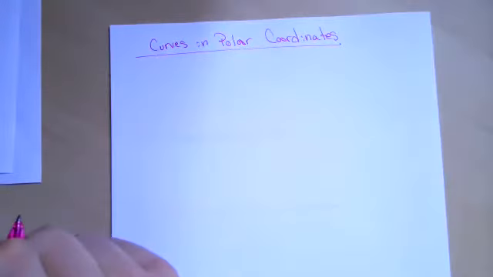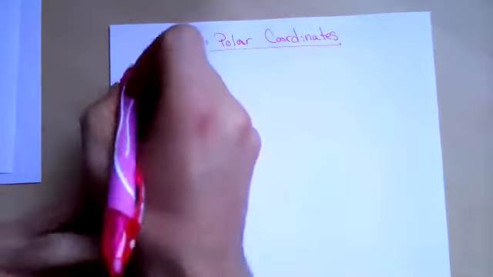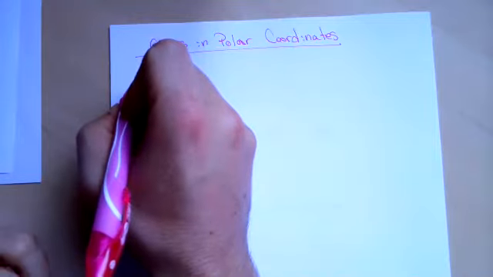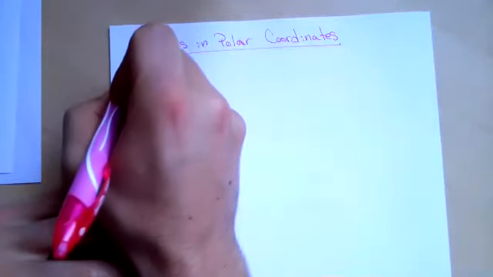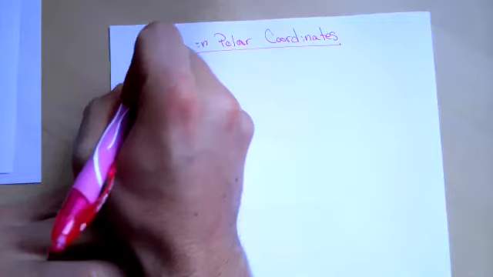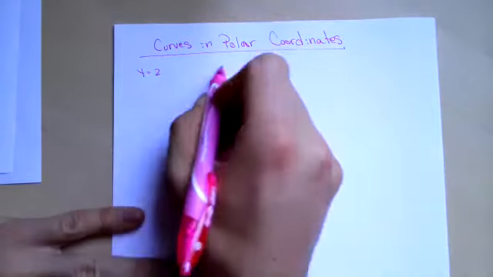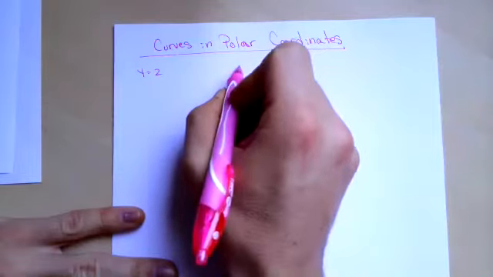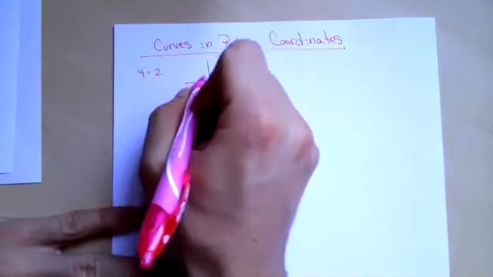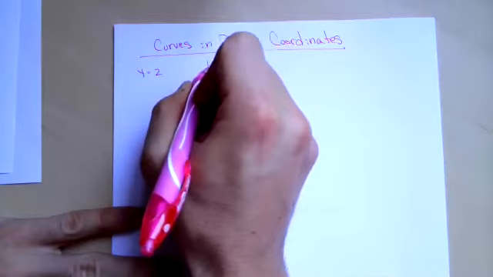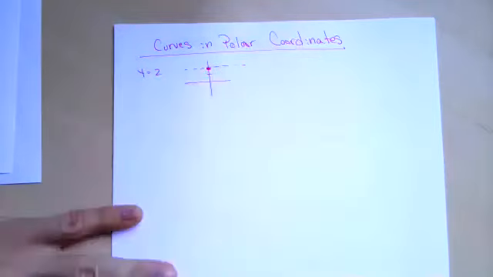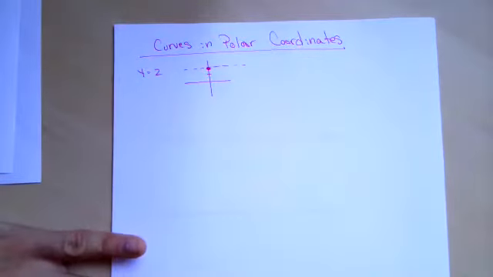Well, let's start off with easy ones, like constant curves. If I have a curve like y equals 2, it's pretty easy. It's a horizontal line. I go up to 2 on my y, and I know y is constantly 2. x can be anything, so we just get a nice straight line.